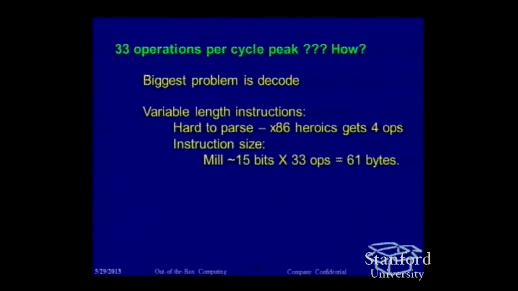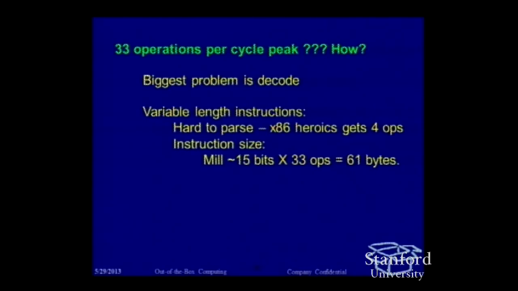So, we actually have a very compact instruction set encoding, and we run around 15 bits per operation, per add, per multiply, per load, whatever. On the average, we run around 15 bits. We put an awful lot of effort into being compact because of this instruction cache problem.